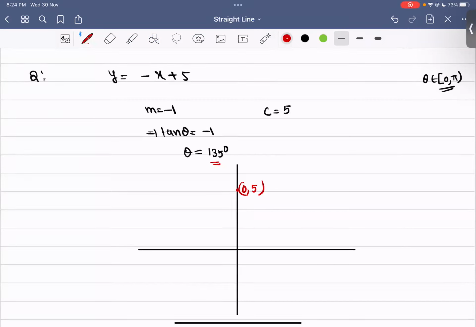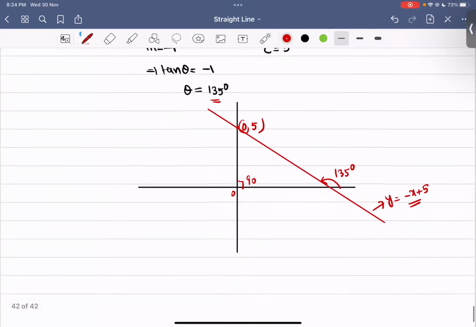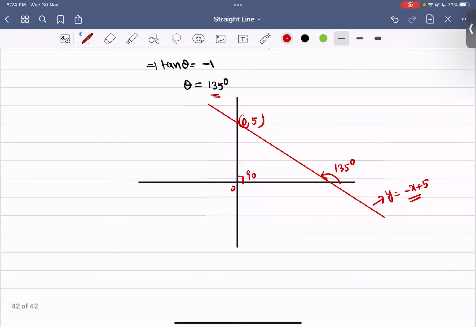Therefore the orientation of the line will be like this, and this angle is 135 degrees, where this one is 90 degrees. So this is the line y is equal to minus x plus 5. Is this example clear?